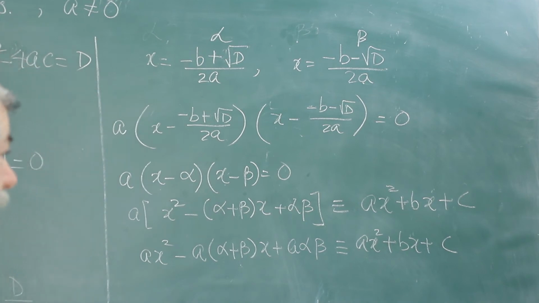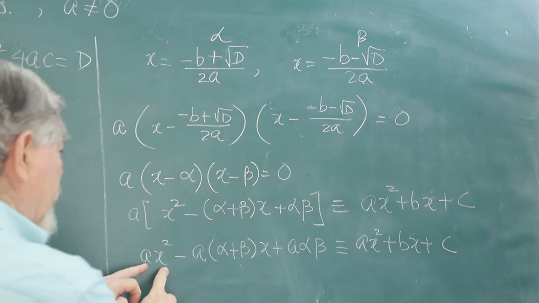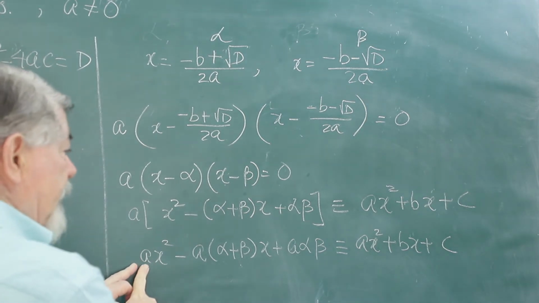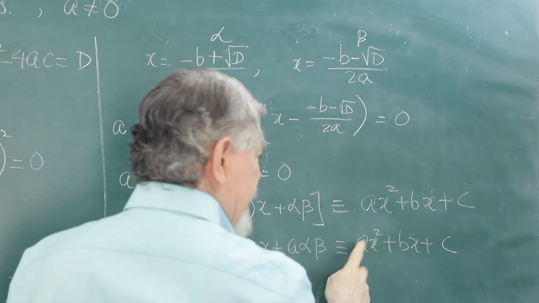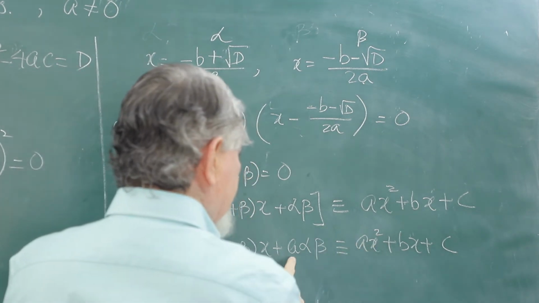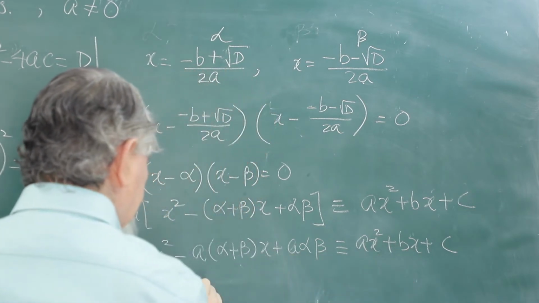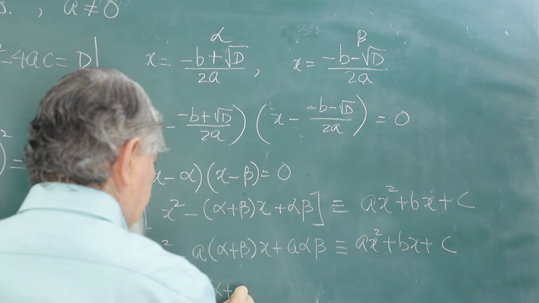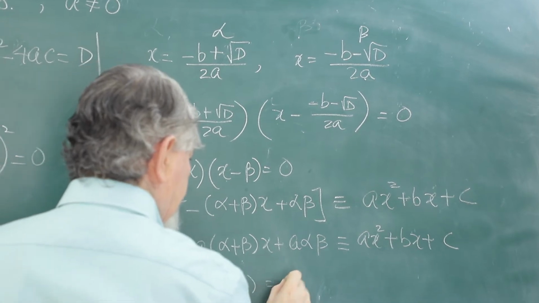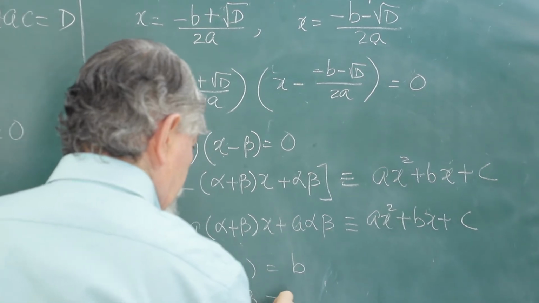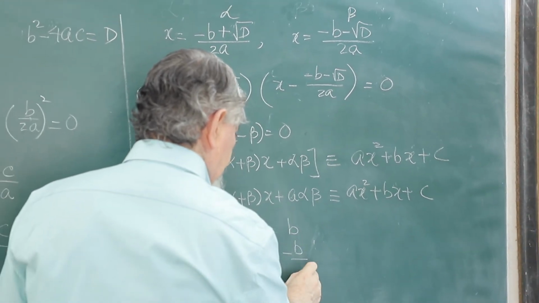Now just look, if I compare the terms of x square, x and constant, x square has a with it, constant has a with it, so we leave that. But let us see the x term. Here it is minus a into (alpha plus beta), and there it is b. So alpha plus beta is equal to minus b upon a.